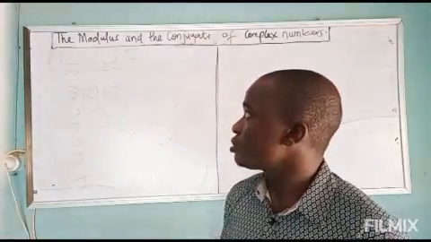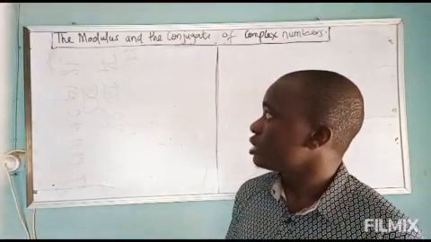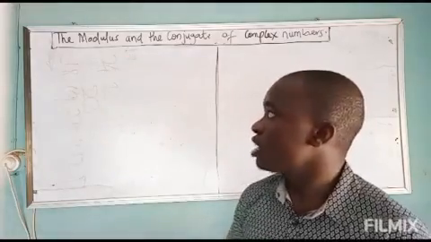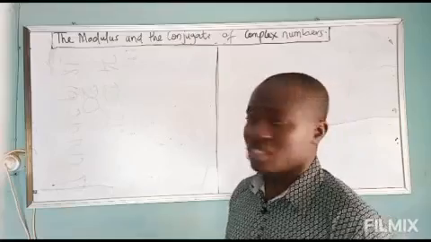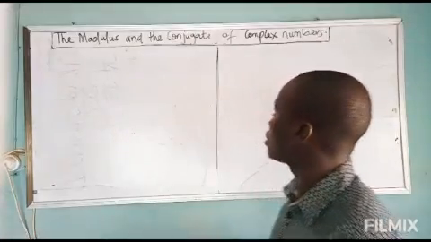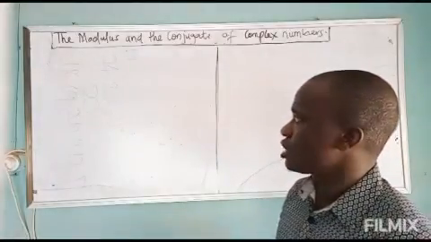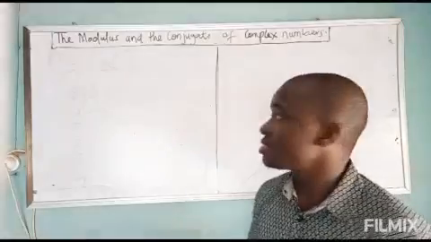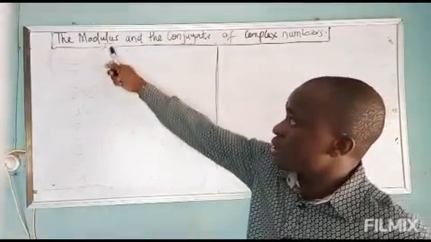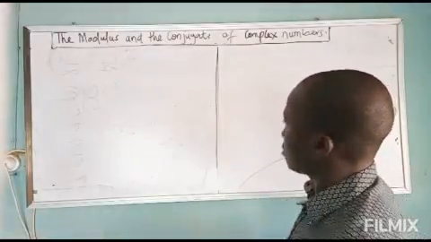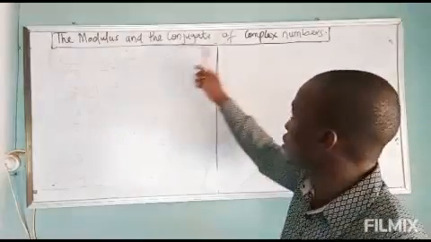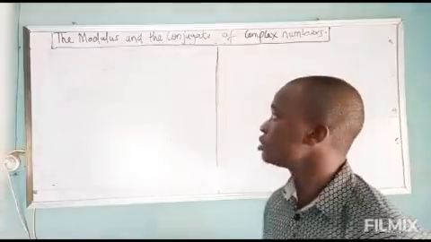As I said earlier, we are going to start on our board. We have the topic, the modulus and the conjugate of complex numbers. What we'll be looking at is what is called the modulus of a complex number, and at the same time the conjugate of complex numbers.